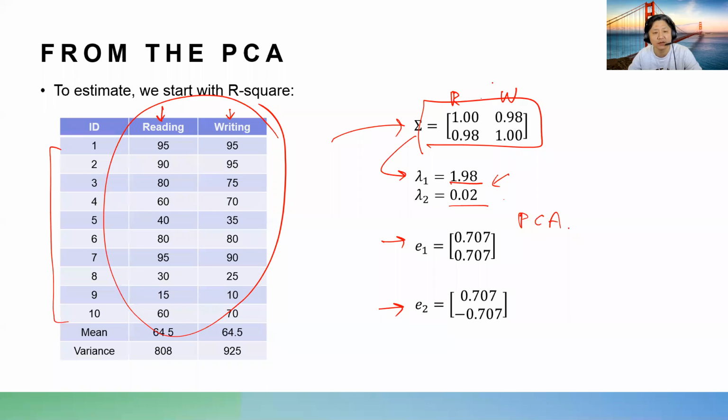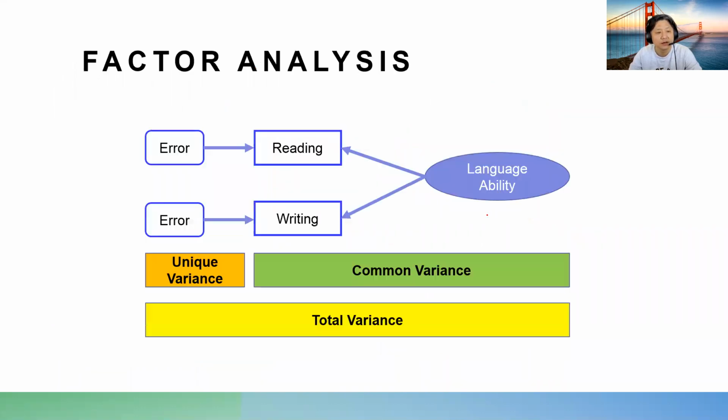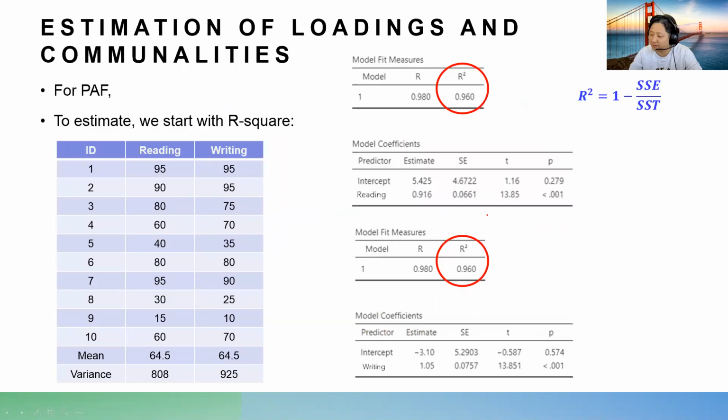PCA uses the full correlation matrix, but PAF, principal axis factoring, which is an EFA estimation method, uses R squares instead of the 1s in the diagonal. Reading regressed on writing gives an R square, and writing regressed on reading gives an R square.